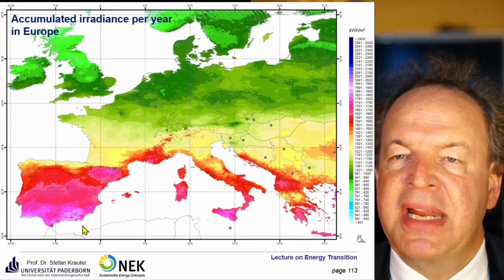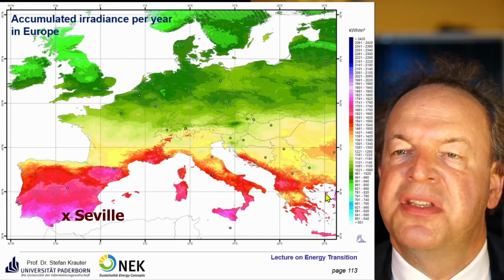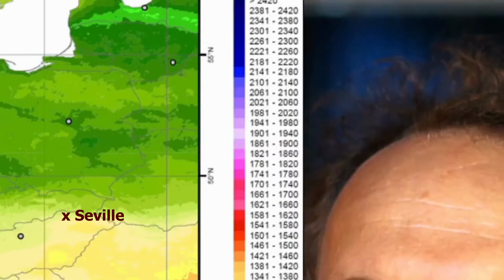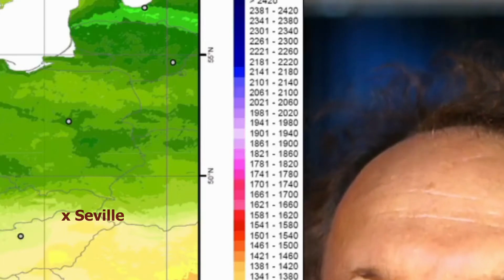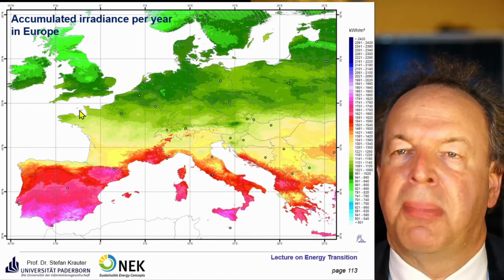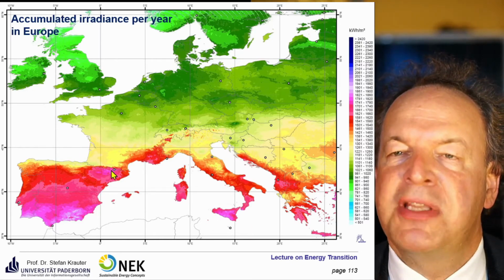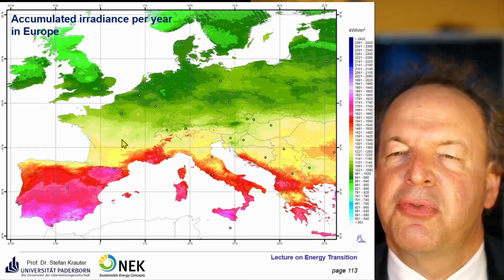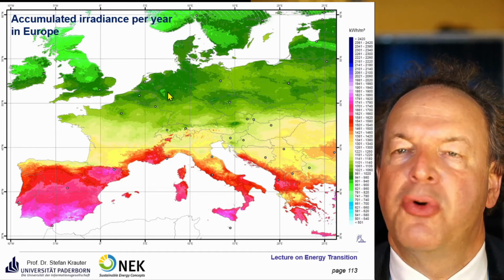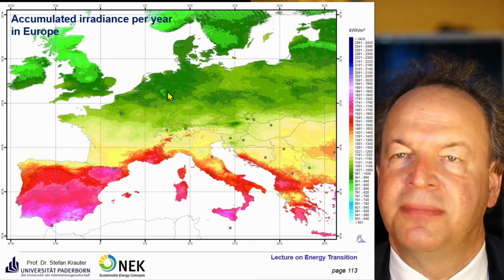Here you see Spain as an example, here Seville. Irradiance goes up to almost 2000 kilowatt hours per square meter per year, or Sicily or Crete and so on. But altogether, as you will see later for wind power, the difference is not really that much. It's just a factor of 2 between the best and the worst location in Europe.